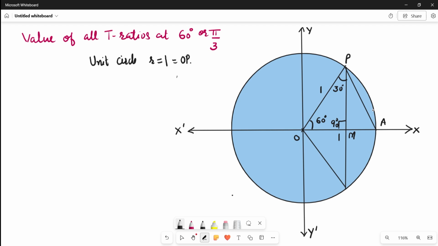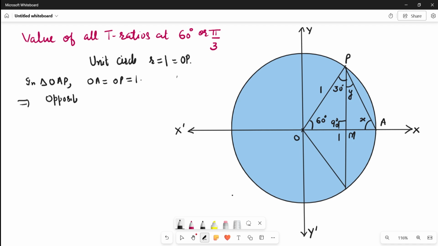Now see, suppose this angle A is X and this angle be Y. Now in triangle OAP, OA is equal to OP is equal to 1, which implies opposite angles are the same.